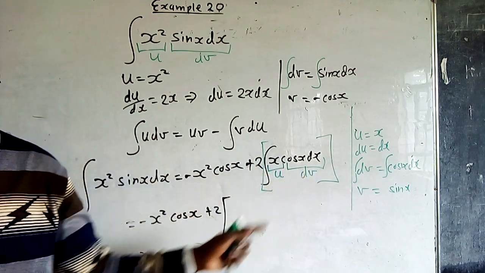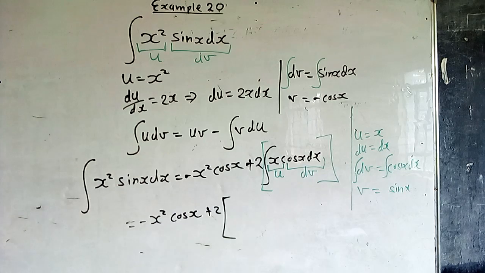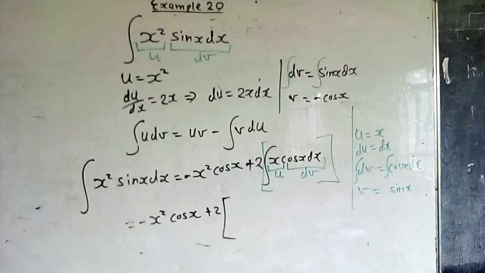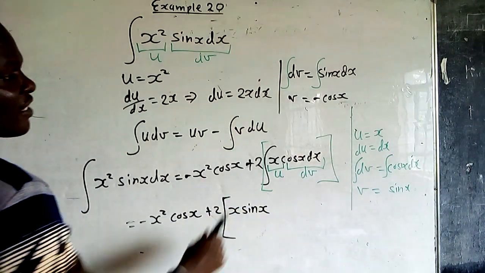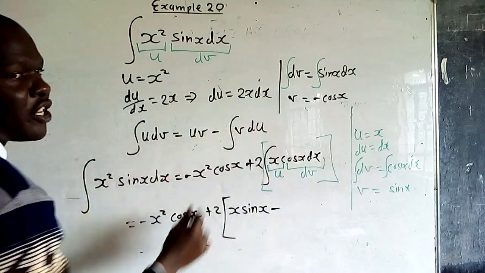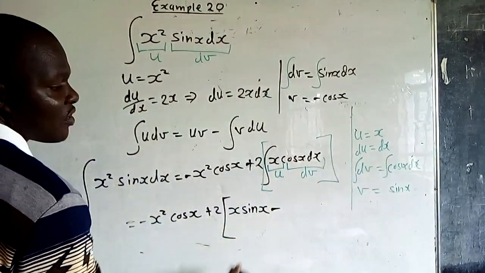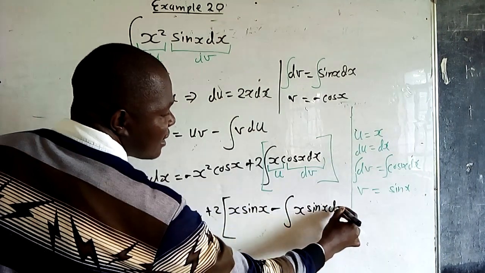And if you have u dv, you're supposed to get uv. So what is uv? x times sin x, isn't it? Which is x sin x, then minus the integral of v du. So what is v du? sin x dx.